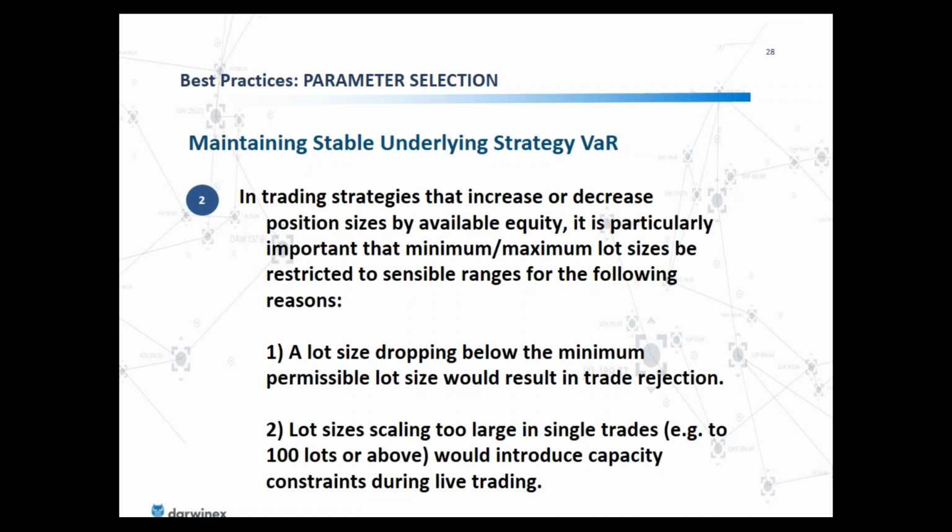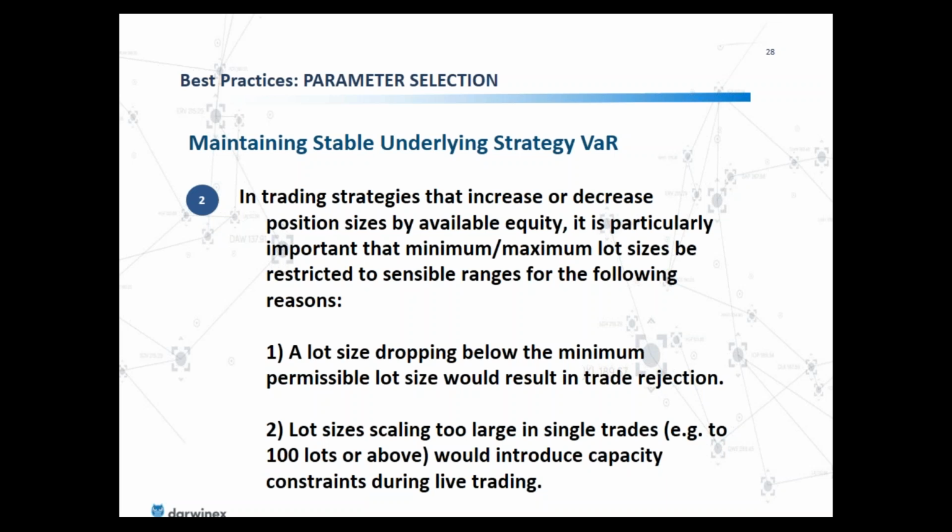In the spirit of talking about stable underlying VAR, say a trader specifies a particular risk per trade in percentage terms, and they backtest over, say, a 15-year period. If this strategy is already overfit to this data, and the trader has specified a percentage proportionate to account equity, then that strategy will go without a maximum limit on the lots per trade.